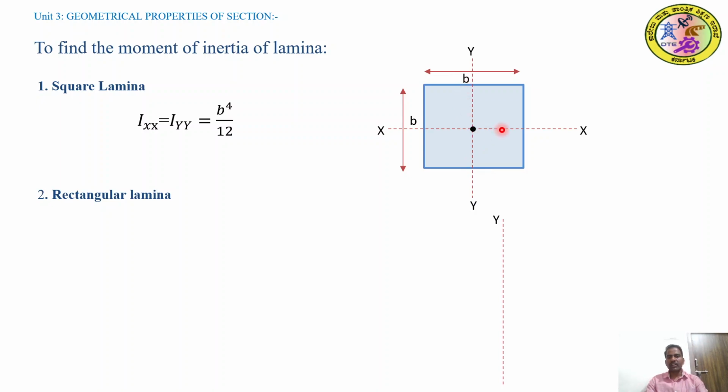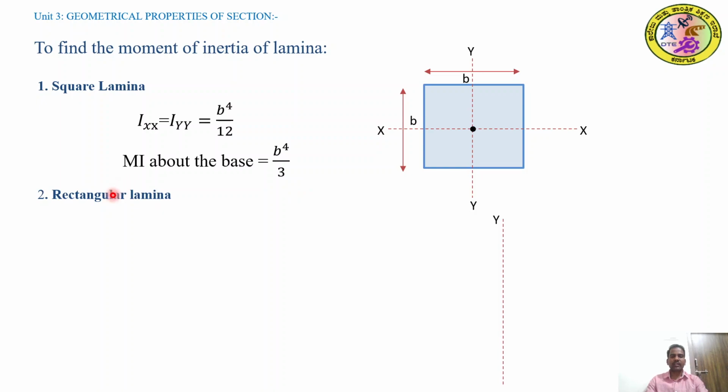And if we consider this x axis at the base of the square lamina, then the moment of inertia is going to change as the moment of inertia about the base is nothing but b power 4 divided by 3.